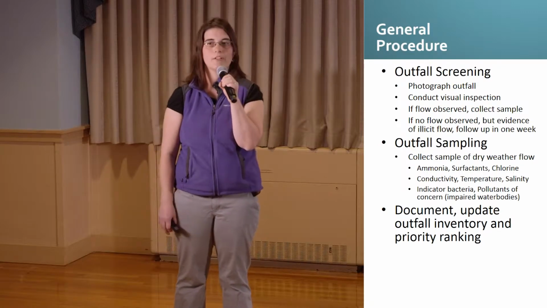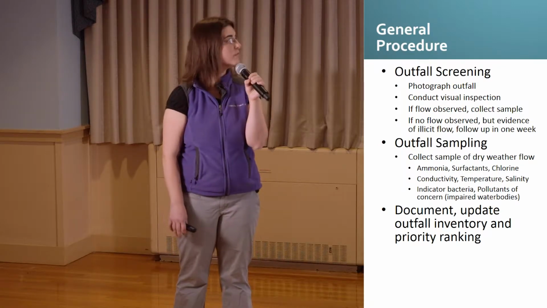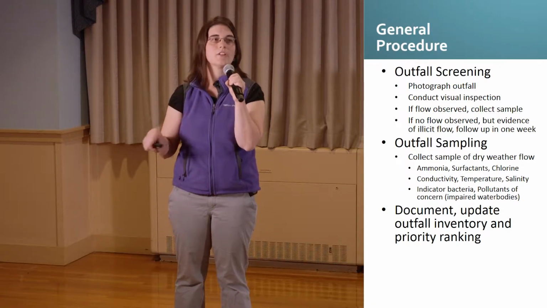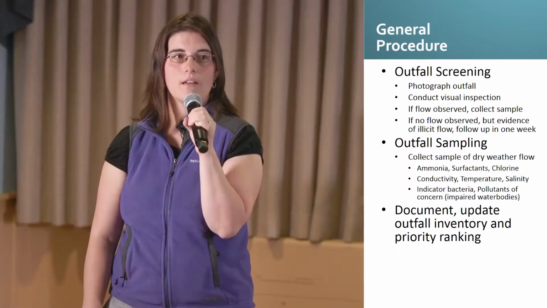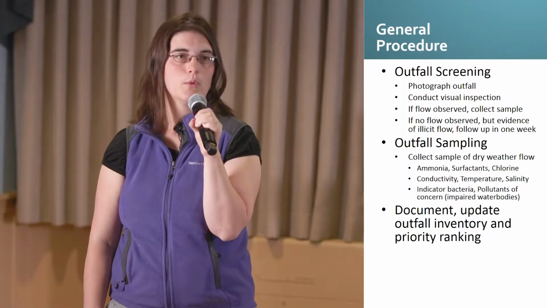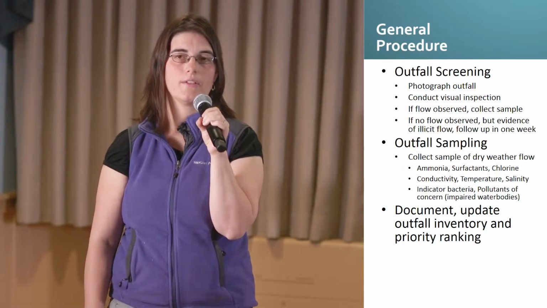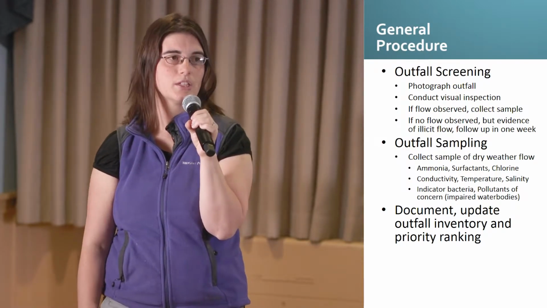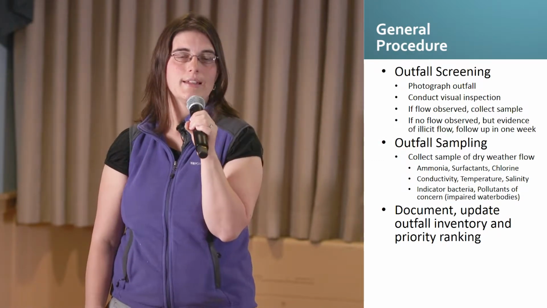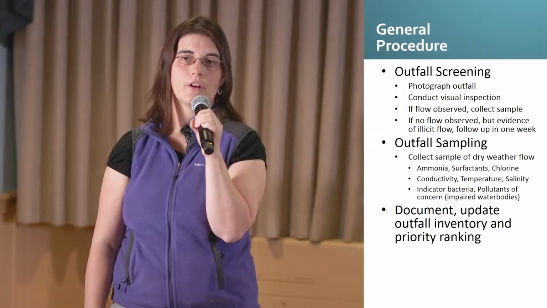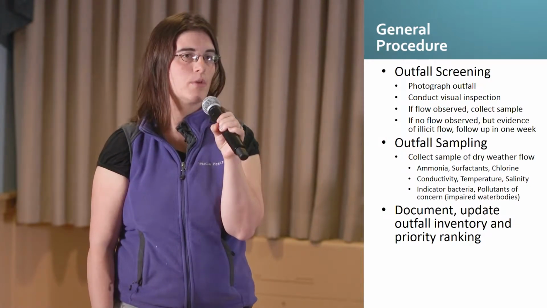A tip for outfall photographing is to make sure you identify what the outfall is in the picture, at least one of the pictures. A lot of outfalls can look very similar when you move from one to the other and you get back, and if they're not linked directly to your inspection, it can become confusing. So you can write the outfall unique identifier on a whiteboard and place it in front of the outfall, take a picture, and then remove it.